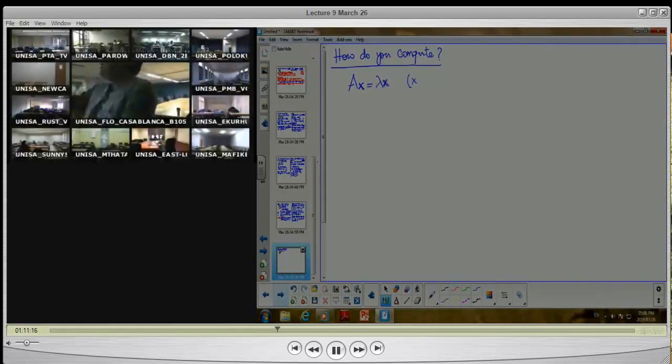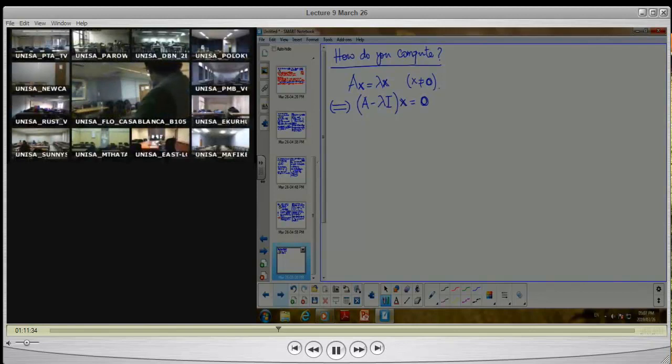This is the same thing as saying that you have a square matrix and the corresponding homogeneous equation has a non-zero solution.